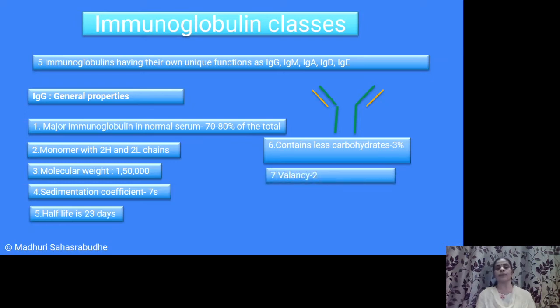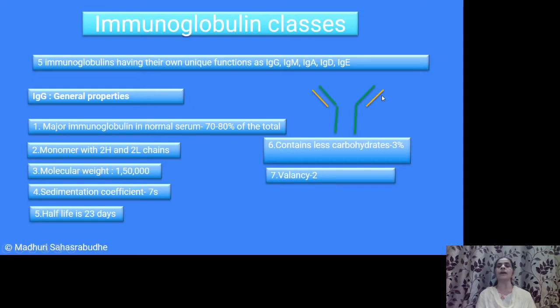Valency. Most important part of the immunoglobulin is valency. What is valency? Valency means how many antigens will be bound to one immunoglobulin. If you look at the diagram, each immunoglobulin can bind with 2 antigen molecules because there are 2 FAB sites.